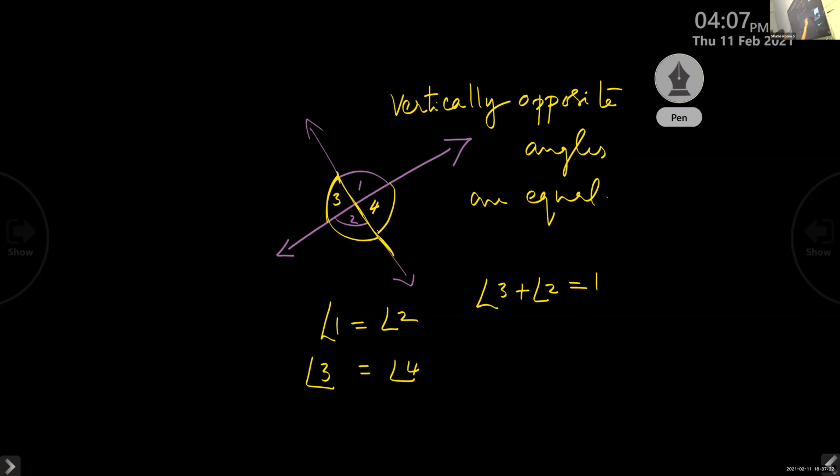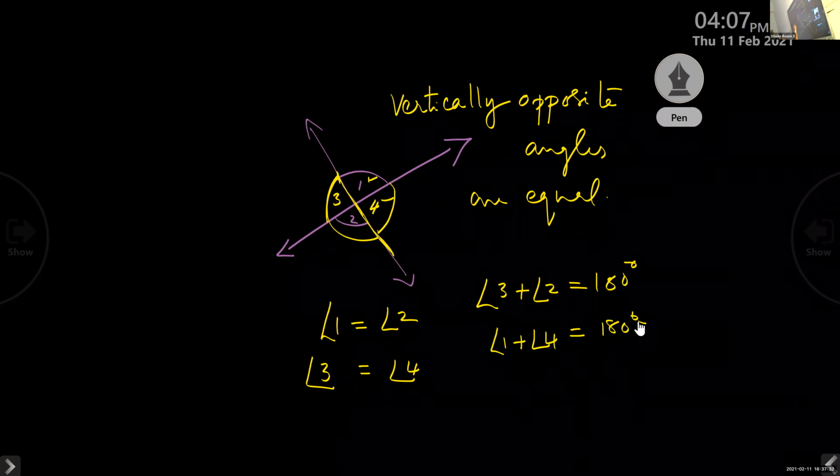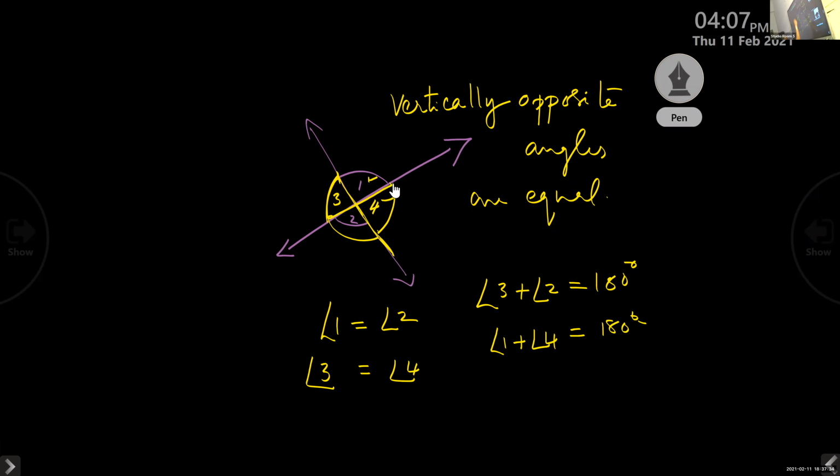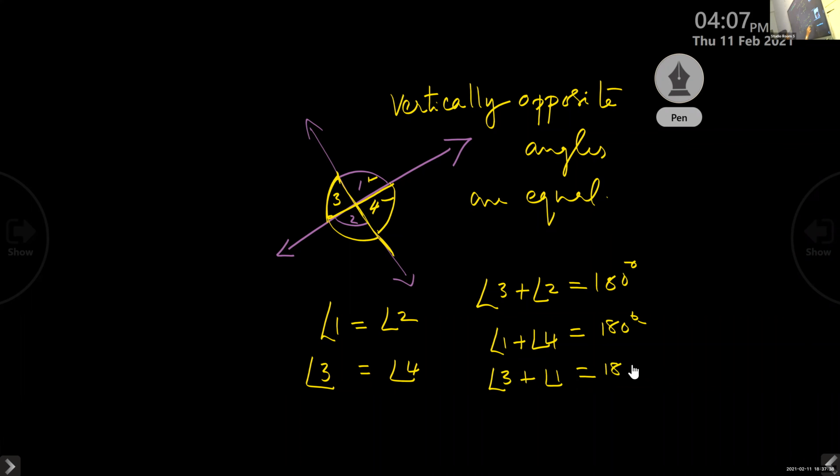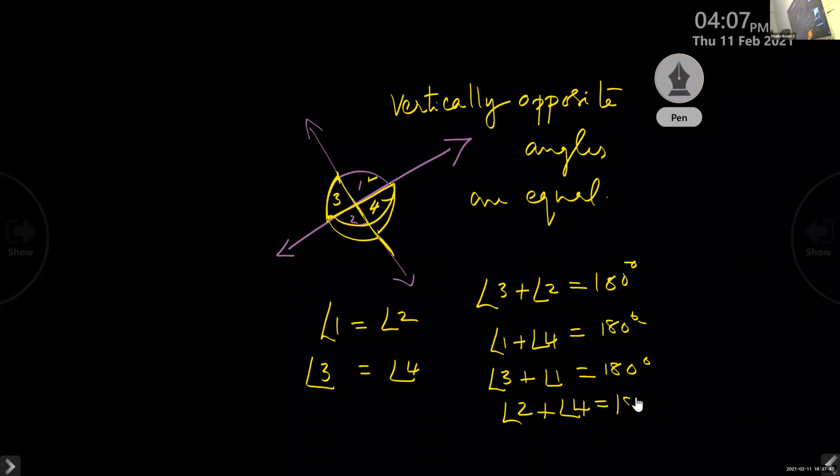In the same way, angle 1 and angle 4 also make 180 degrees. Angle 3 plus angle 1 is also 180 degrees, and angle 2 plus angle 4 is also 180 degrees. Did you understand?